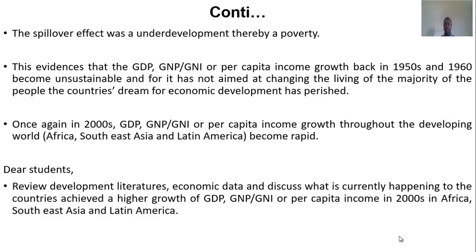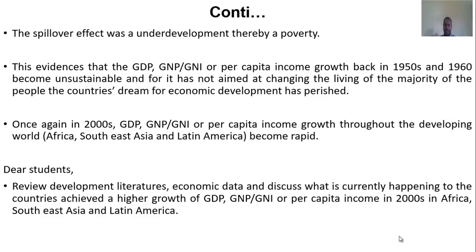The 1950s and 1960s was a period wherein GDP, GNI, and per capita income increased extremely. But later on, in the 1970s, it seemed to be just wealth in the hands of a few and nothing trickling down to the society.